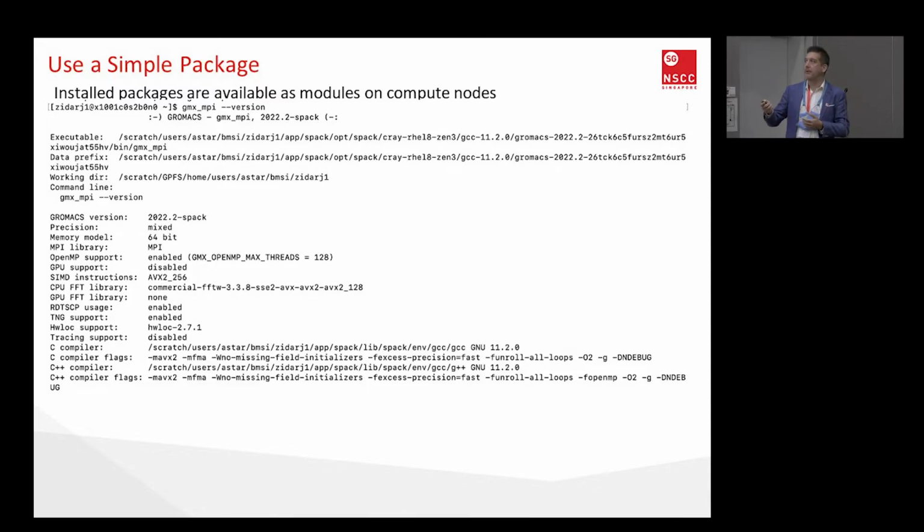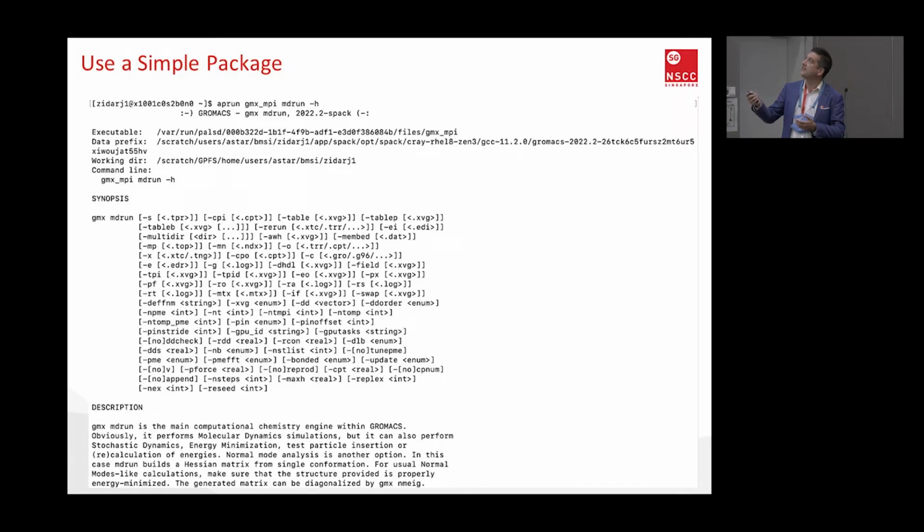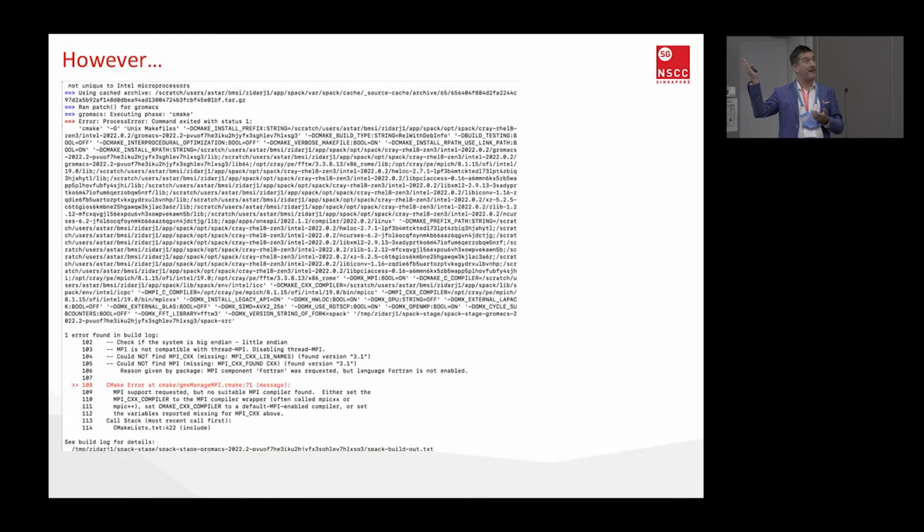It just prints out the help. And it actually works, so this was compiled. If we just go back, we can see that I used GNU GCC 11.2.0, and I used a build where thread-MPI was disabled. Anyway, it works.